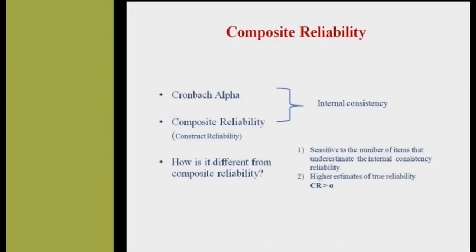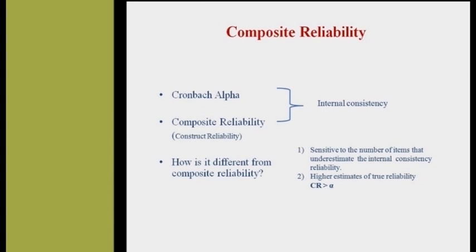Traditionally, Cronbach Alpha has been used as a measure of internal consistency. It provides an estimate of reliability using the intercorrelations of the observed indicator variables. While composite reliability, sometimes called construct reliability, provides the shared variance among the observed indicators for a latent construct.